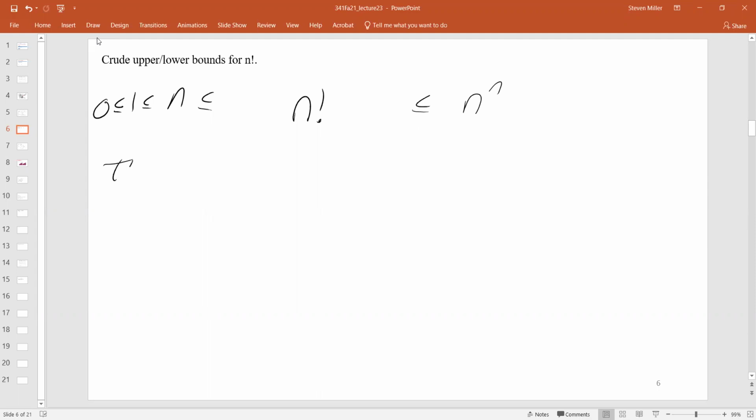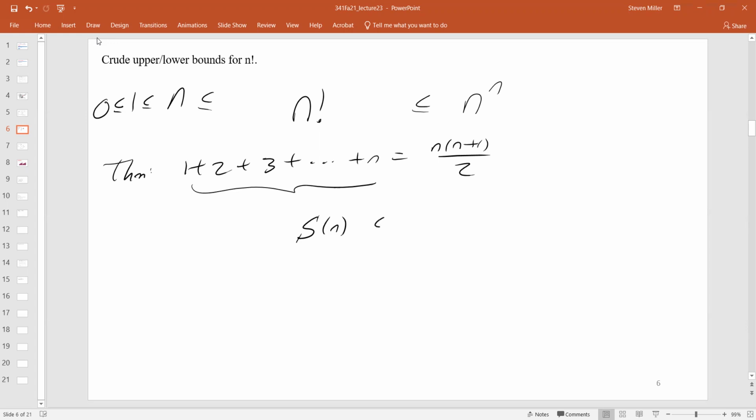Now we have a beautiful theorem that if you look at the sum of the integers up to n, this is n plus 1 over 2. Wonderful result. There's a lot of ways to prove this, but let's just try to get a bound. So let's call this S of n. Can somebody give me an upper bound for S of n?